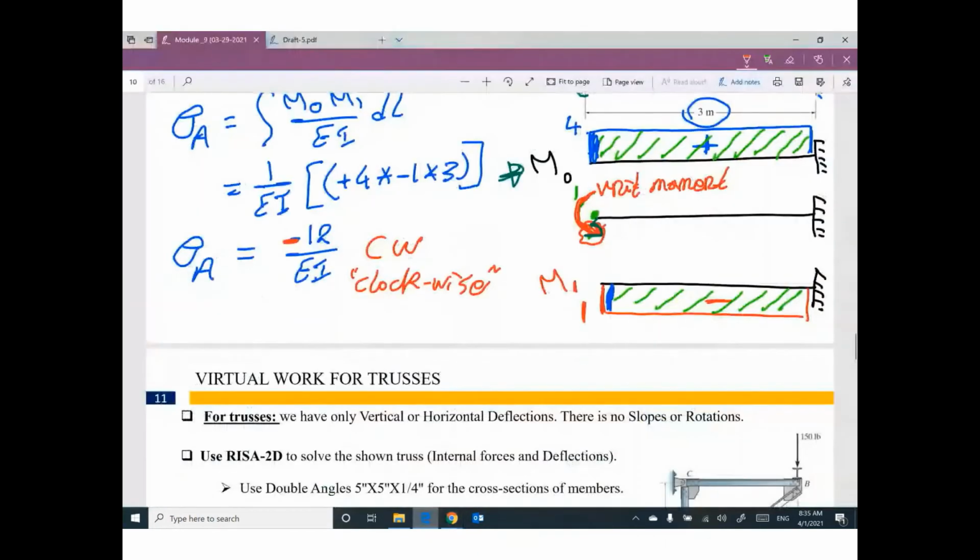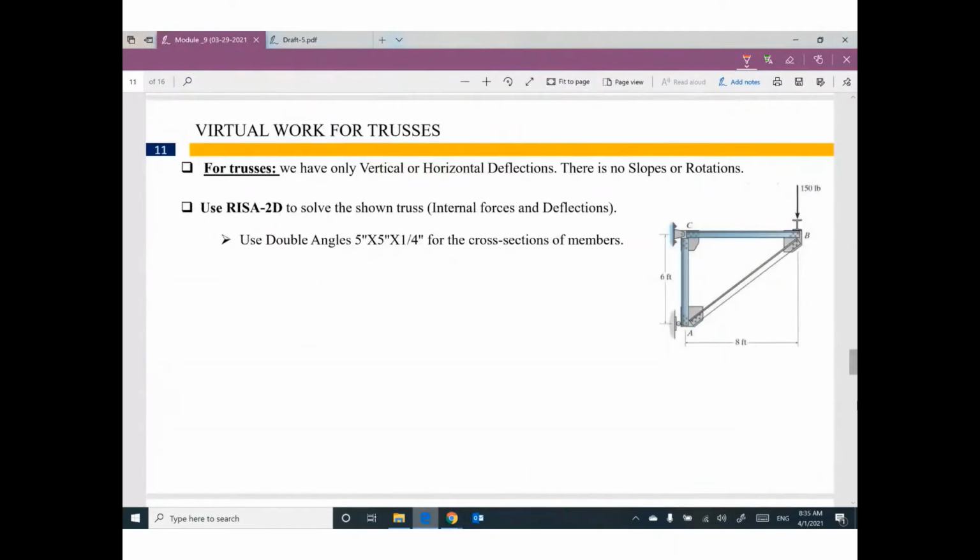Okay. I will start with the last part in this topic, virtual work for trusses. Just for your information, for trusses, we don't have rotation.